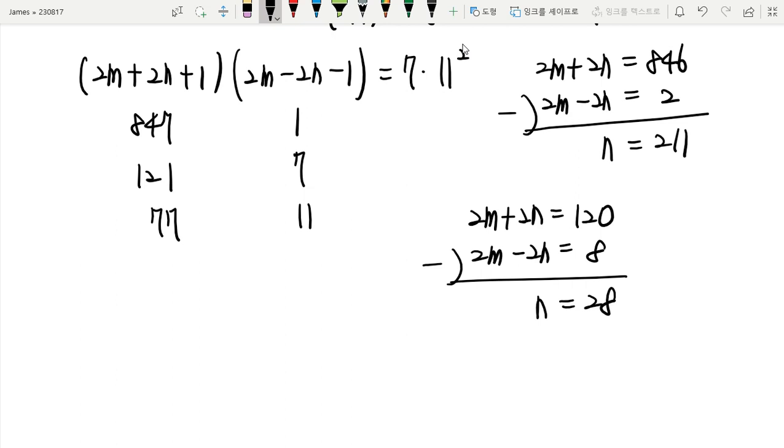And for the third case, the sum is 76 and the difference is 12.